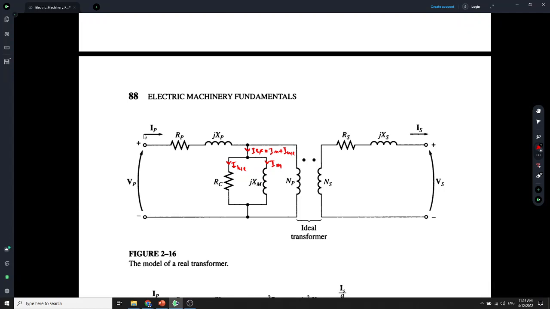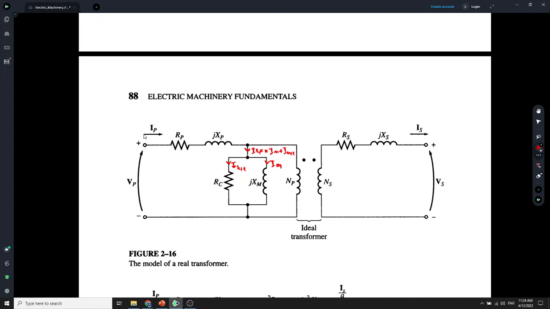Once we know this is the equivalent circuit, what can we do with it? We cannot do anything with this kind of equivalent circuit unless we make some assumptions, and also we need to refer to only one side, either the primary side or the secondary side.